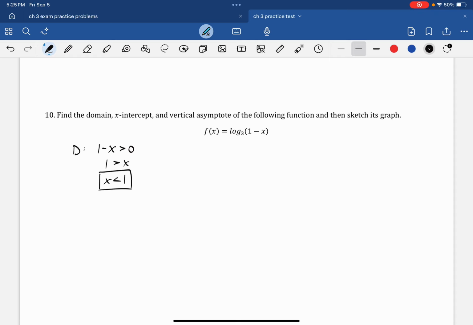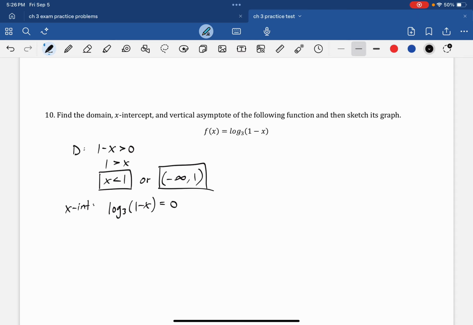Okay, we could just write this, or we could write it in interval notation, which would be (-∞, 1), open parentheses, right? Because 1 is not included. X-intercept, that's wherever our graph hits the x-axis, which is where y equals 0. So we simply find which values of x make our function equal to 0. And that means log base 3 of (1 minus x) equals 0.